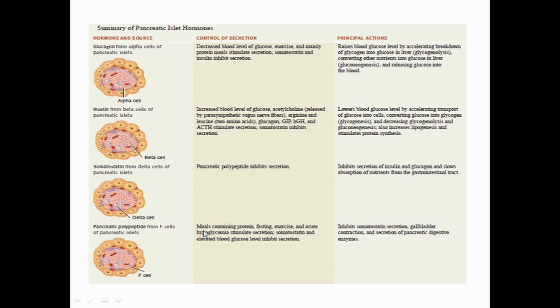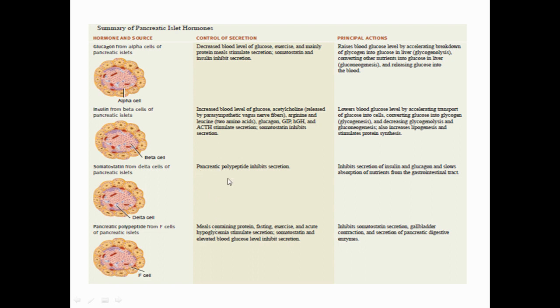A meal containing protein, fasting, exercise, and acute hypoglycemia will stimulate the secretion of pancreatic polypeptide from the F cells. An increased level of somatostatin and elevated blood glucose level inhibit the secretion. Both have an inverse effect on each other.